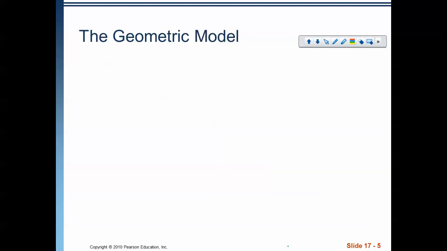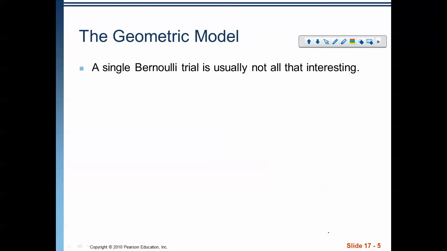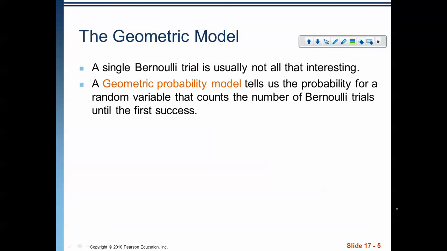And that's it. Okay, so Bernoulli trials, the basis for these models. Let's talk about the geometric model today, and then we'll call it good. A single Bernoulli trial is usually not all that interesting. A geometric probability model tells us the probability for a random variable that counts the number of Bernoulli trials until the first success.